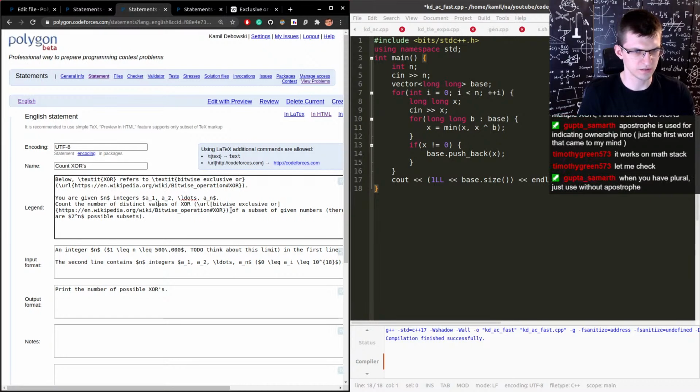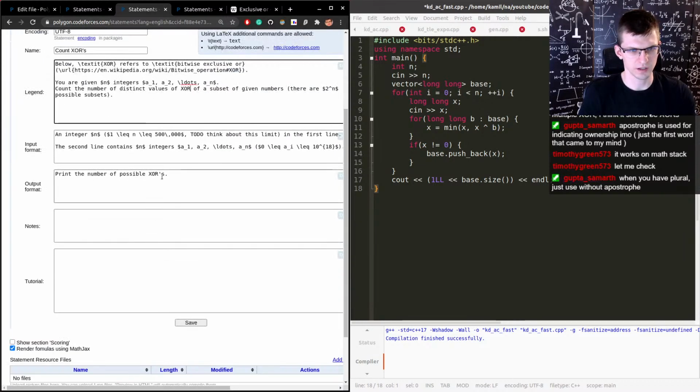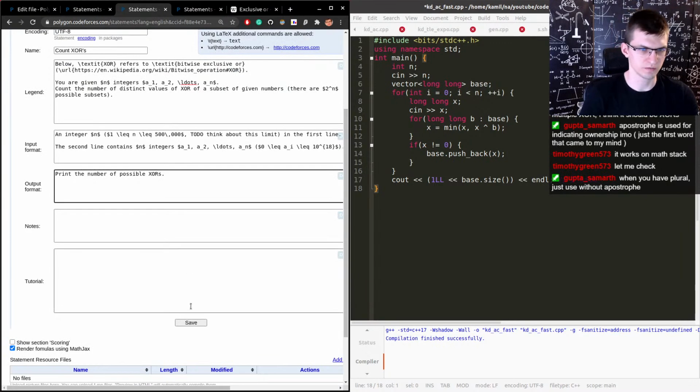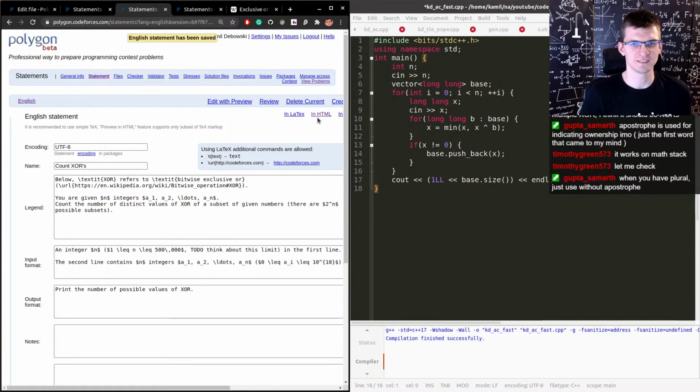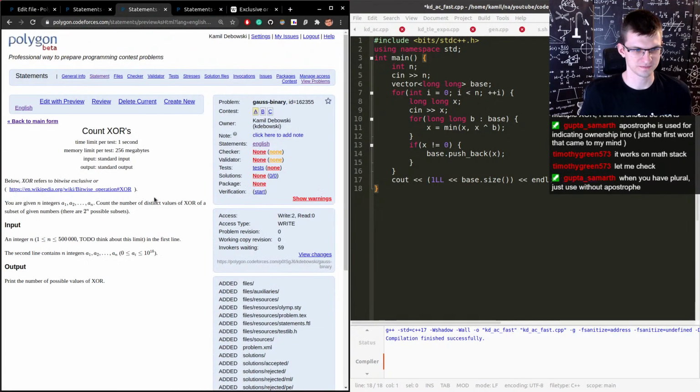It seems that this does not work. Okay, then for now, we'll leave it like this, and fine. The number of possible values of XOR. Here we go. Problem solved. XOR.